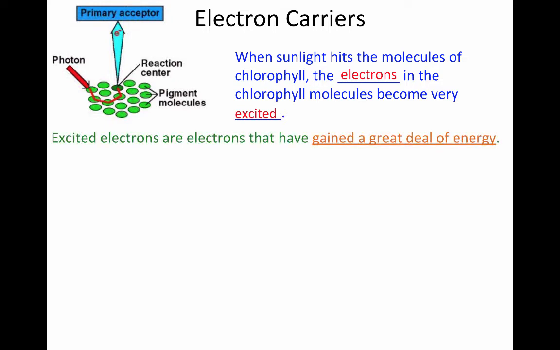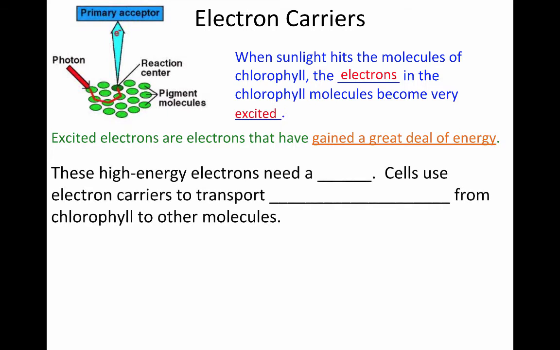Excited simply means absorbed energy and are now very unstable and move to that next orbital of the atom. They have gained a lot of energy. And so those high energy electrons have to go someplace. They need a carrier to grab them and hold them until we can use their energy.